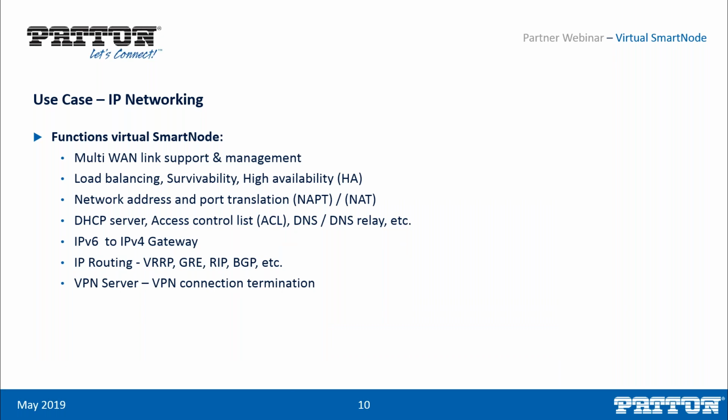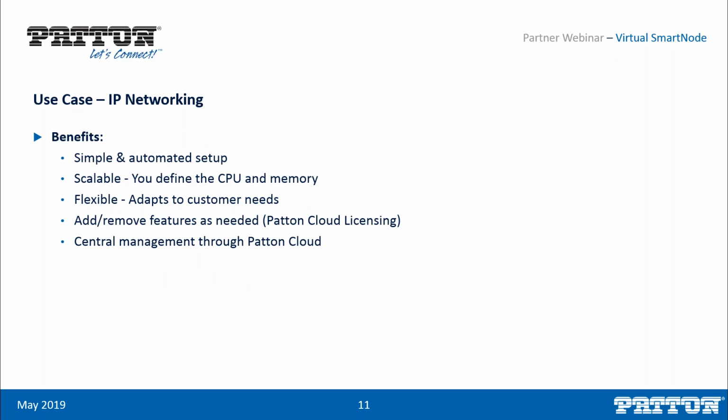The functions in this case are multi-WAN link management, load balancing, failover, high availability, and the usual functions you would expect from an IP access node: NAT and NAPT, of course, DHCP, but also IPv4 to IPv6 conversion, as we have a full dual stack for IP networking.